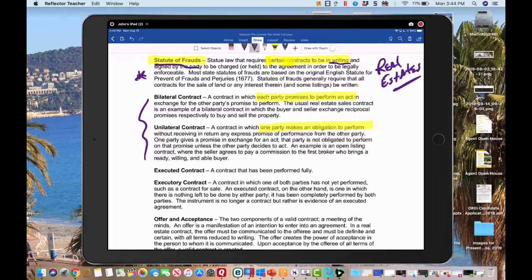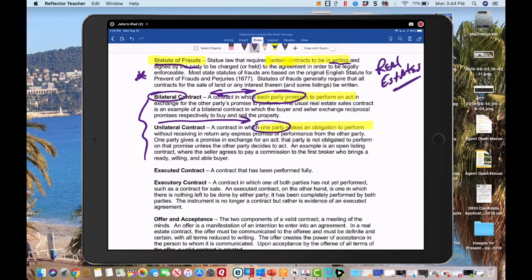So don't make these too difficult. You remember that if it's bilateral, it's going both ways, okay? Unilateral, there's only one direction for a contract, only one party. But under bilateral, each party's promising.